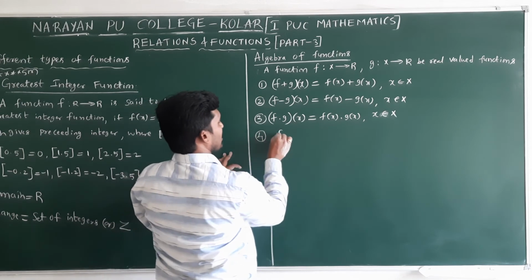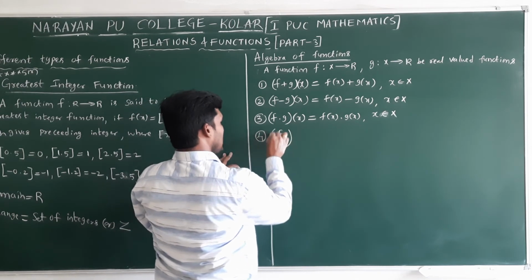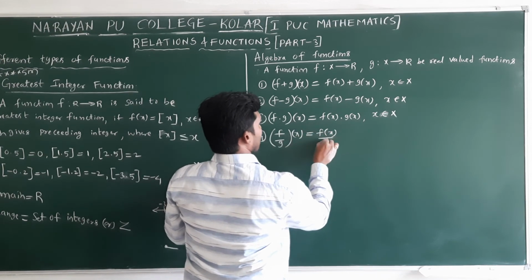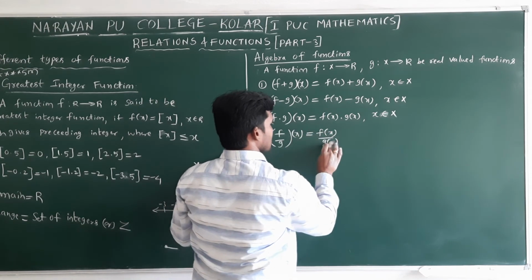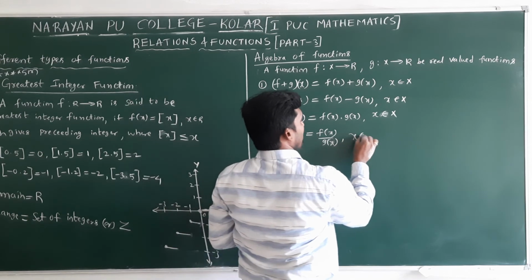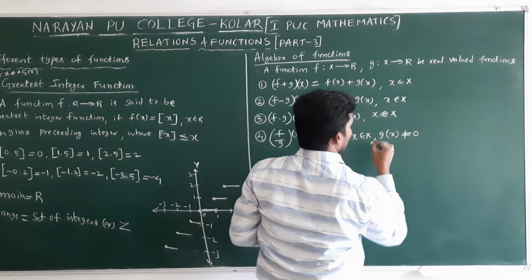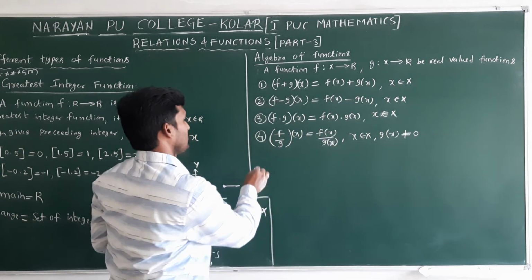Fourth one, how to divide these two: f by g of x, f of x by g of x, where x belongs to capital X and g of x is compulsorily not equal to 0.